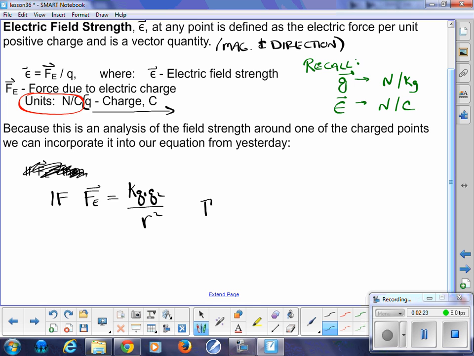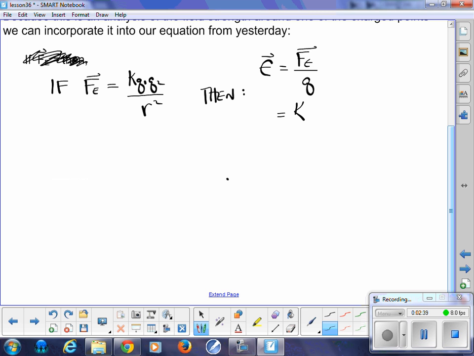It should say then that electric field strength, which is Fe over q, would equal kQ1Q2 over r squared, divided by q. Here q is the charge of the second particle.